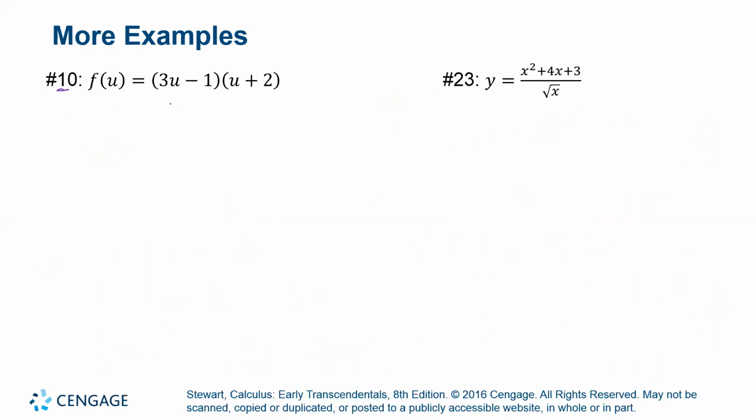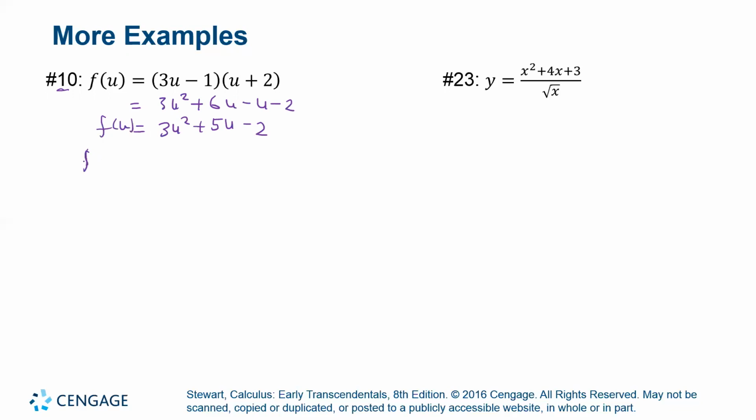But for now, what we do is that we need to expand this. So if I expand this, I have 3u squared plus 6u minus u minus 2. Before I differentiate, I get 3u squared plus 5u minus 2. And this is my f of u.